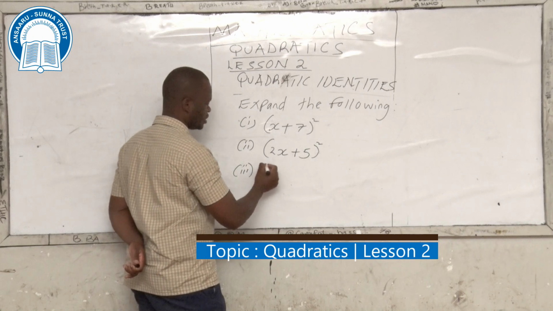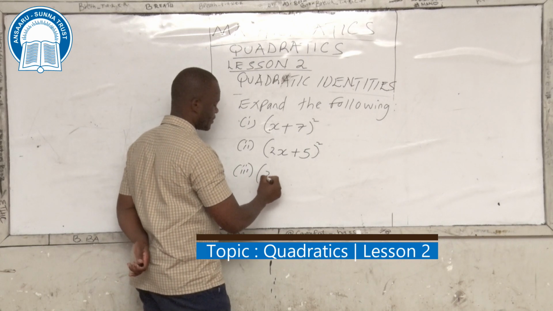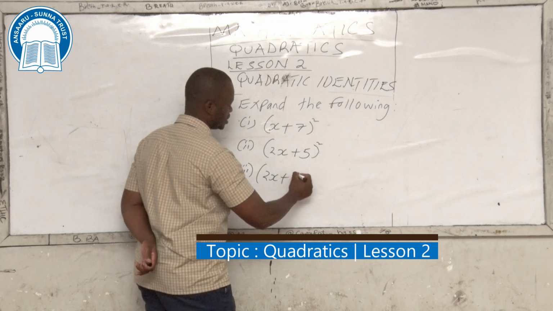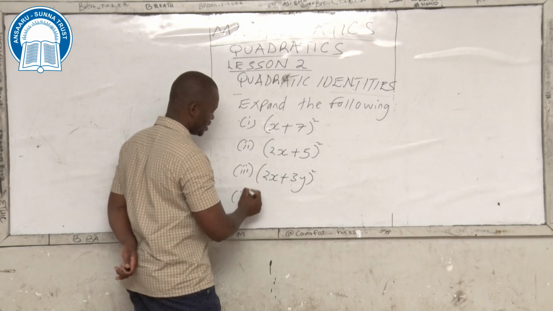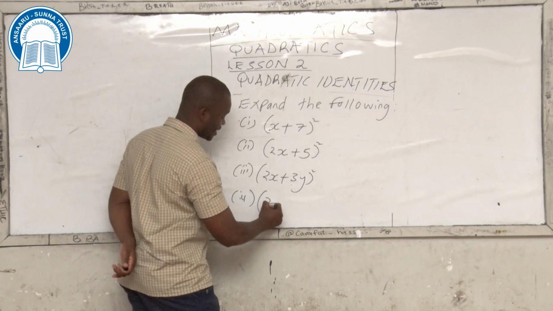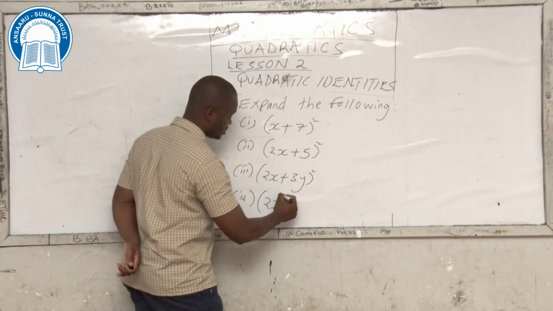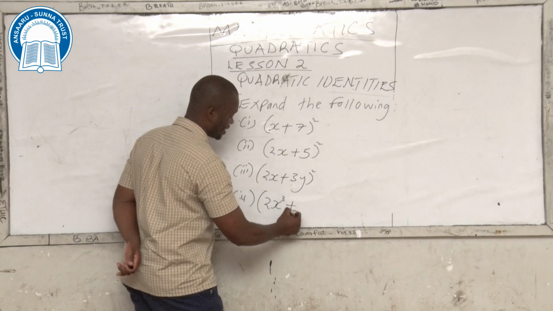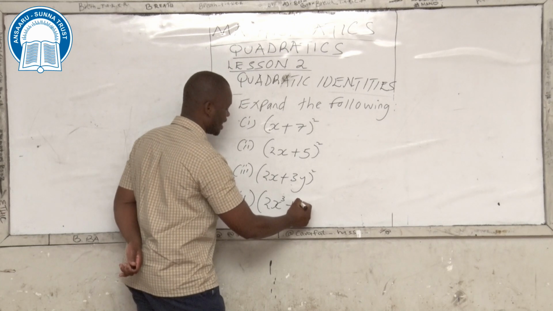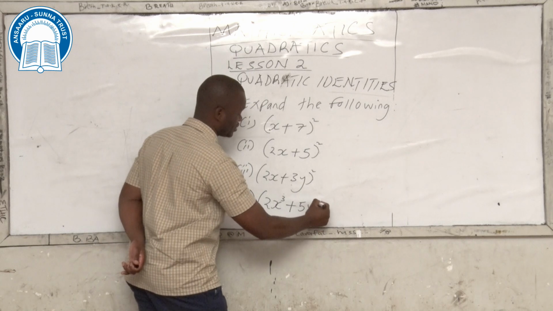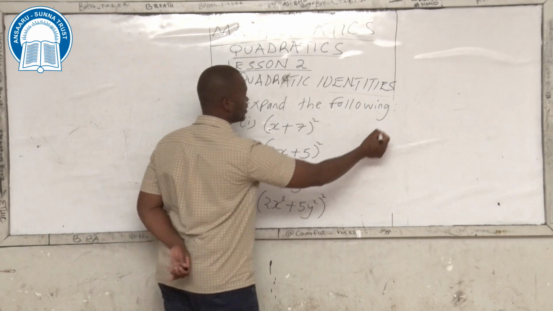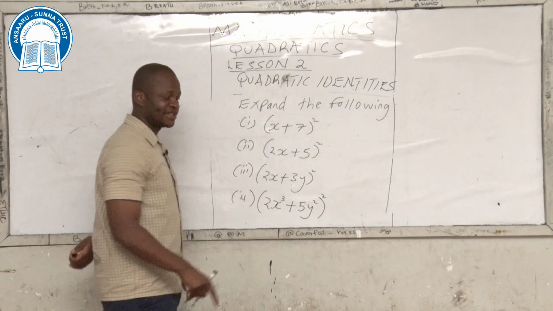Roman 3, we have (2x + 3y) squared. And maybe Roman 4, we have (2x to the power 3 plus, let's have maybe, 5y) squared.